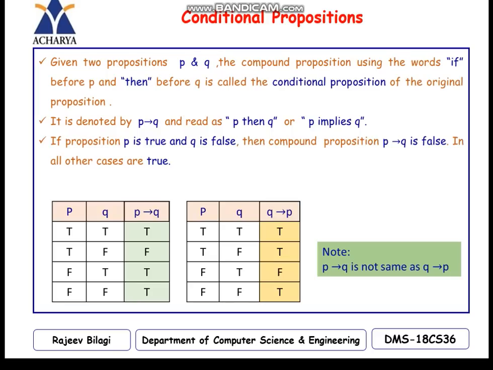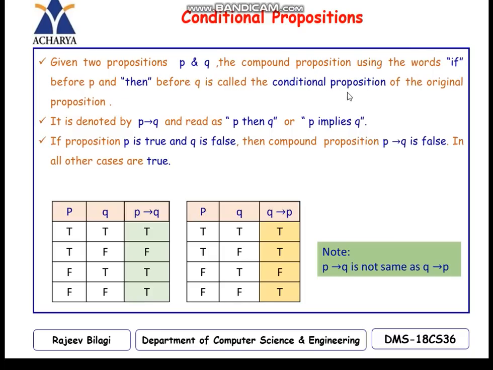Now next is the conditional proposition. It is also a compound proposition. Given two different propositions P and Q, the compound proposition using the word if before P and then before Q, that is if-then, is a conditional operator.